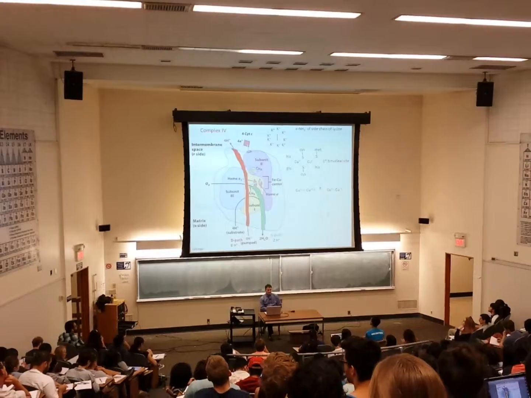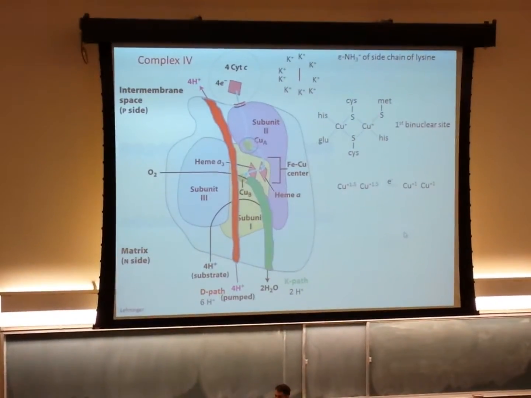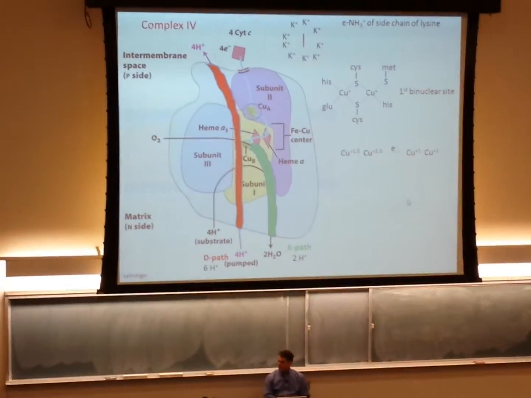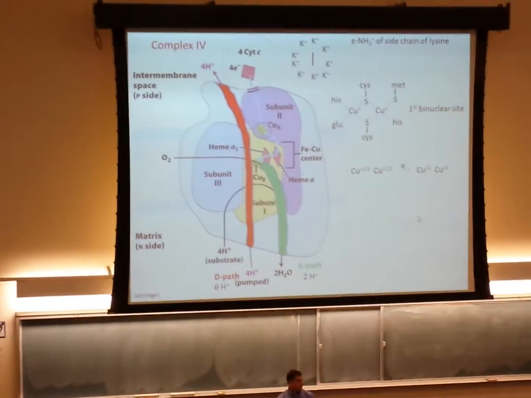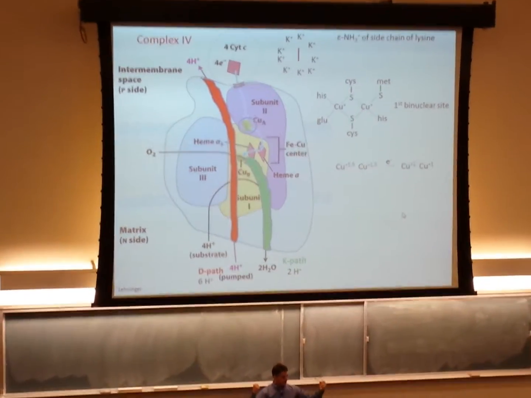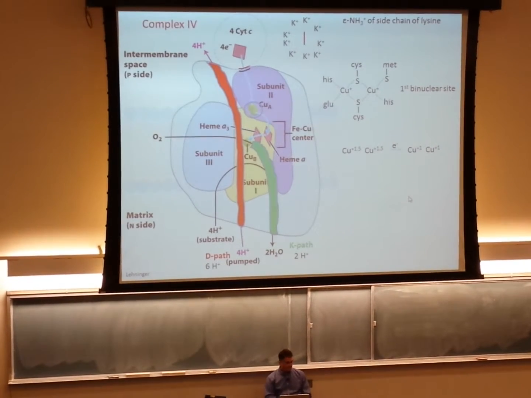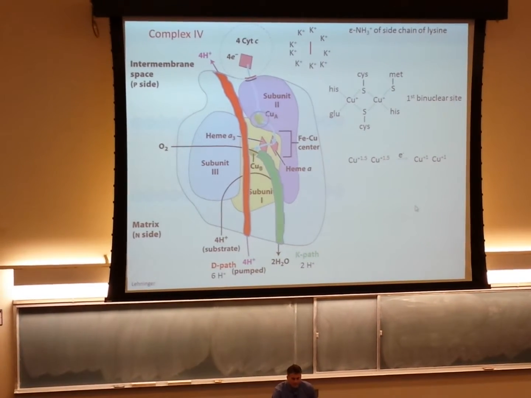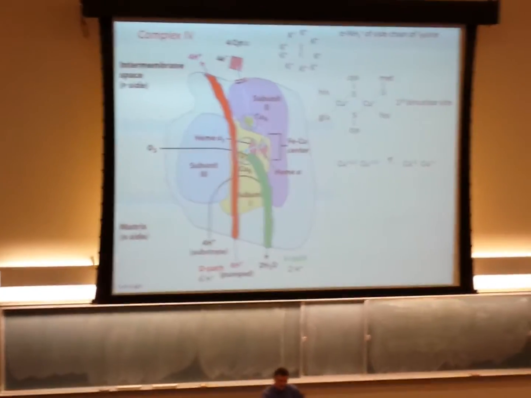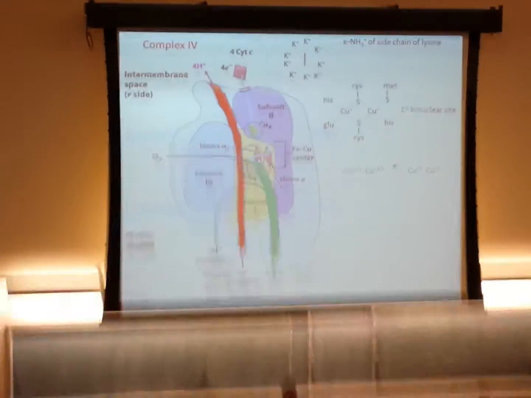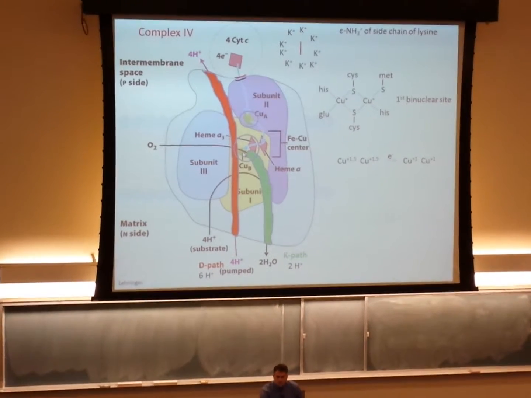So, you get a sense of the first binuclear site. Fairly straightforward. Electrons are going through there. Now, let's get tough and tackle the second binuclear site right here. This is where an iron in this heme is so close to this green sphere.